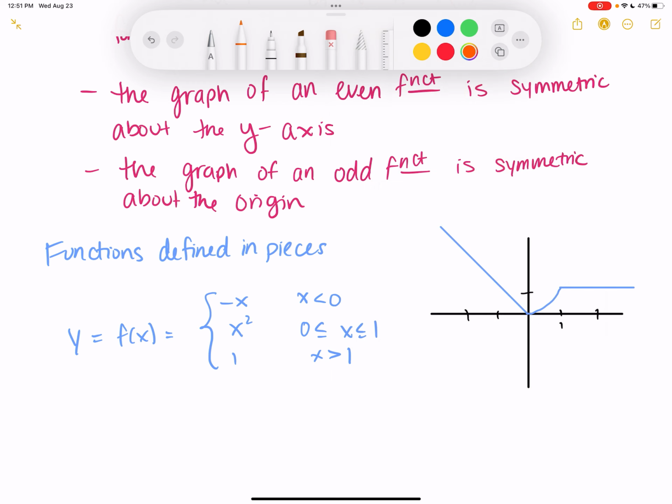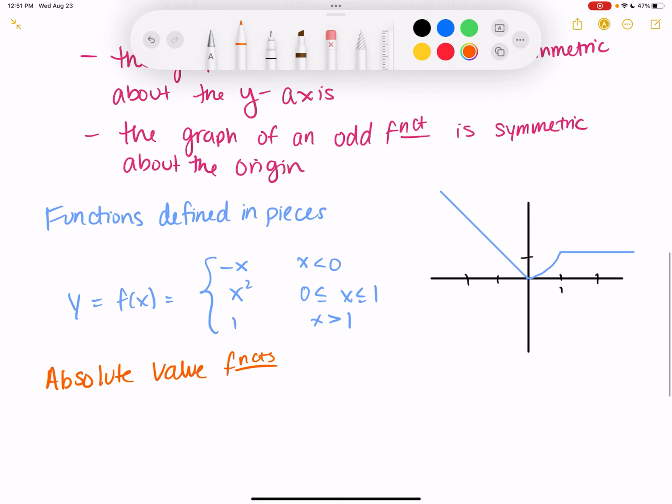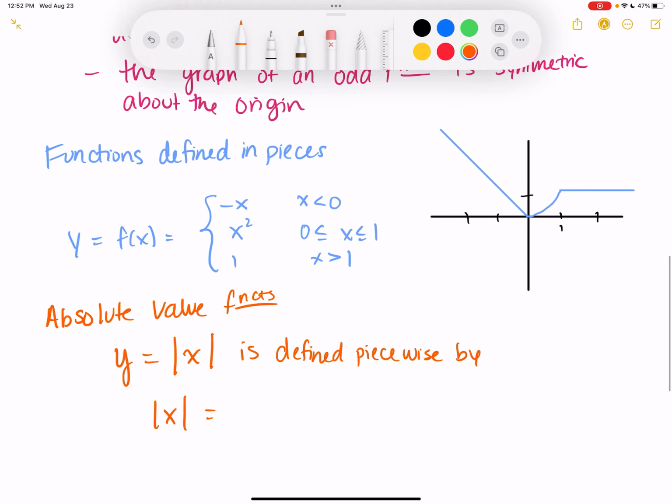So then absolute value functions. Y equals the absolute value of x is defined piecewise by the absolute value of x is equal to curvy bracket negative x for x less than 0 and x for x greater than or equal to 0.